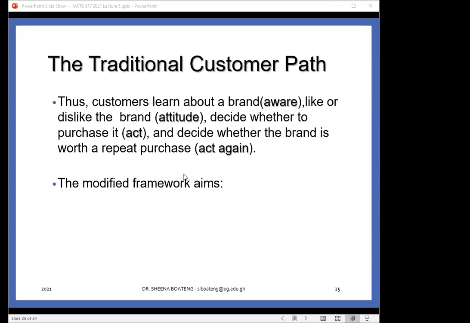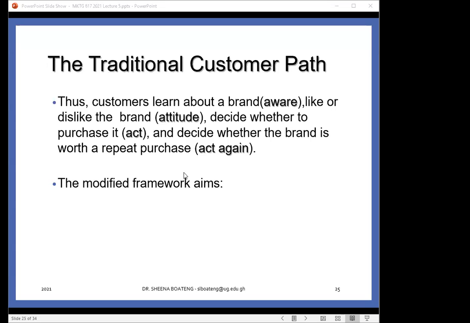So why were these changes made? Right? We are talking about the fact that given the customer path, to be able to cover every aspect of the customer path, we as marketers need to understand that customers learn about our brand or any other brand through the process of creating awareness.